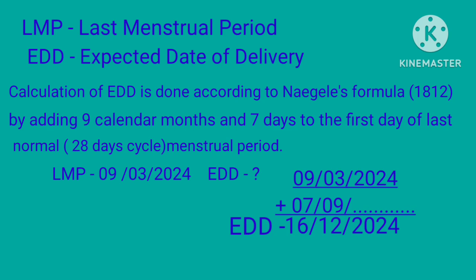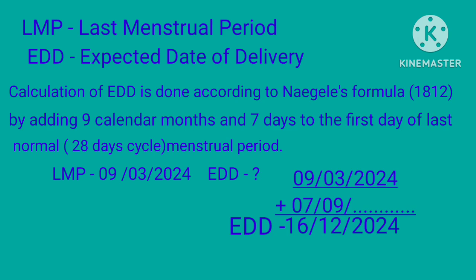For example, I have given one here, that is LMP. I have taken 09, means day is 9, month is 3. 03 means March. So the date is 9 March 2024. That is the LMP. So for EDD, what do we have to do? According to Naegele's formula, we have to add 9 calendar months and 7 days. I have added here 9 calendar months, that is 09, and 7 days.